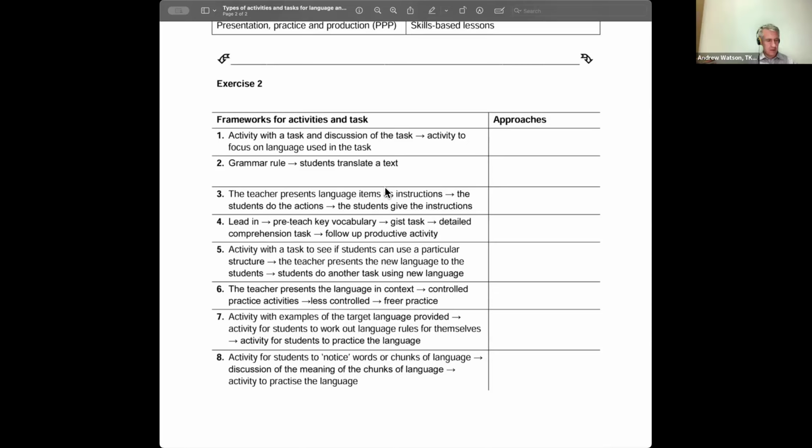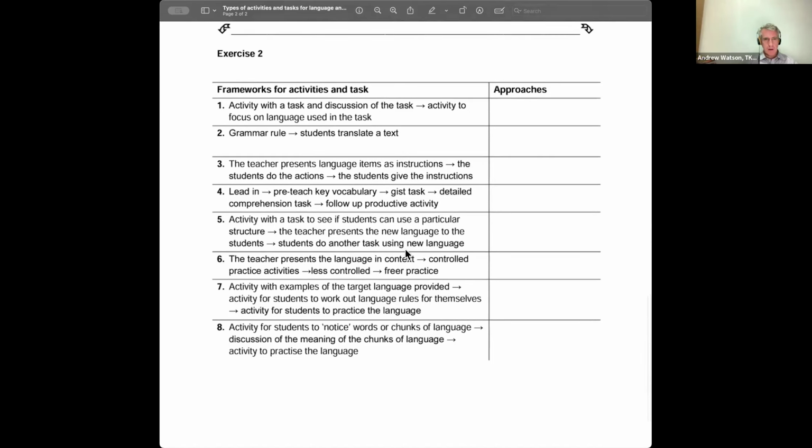Could be. Yeah. So actually, PPP is number 6. So what's number 4?